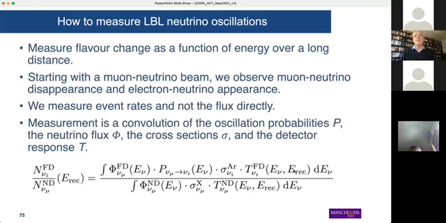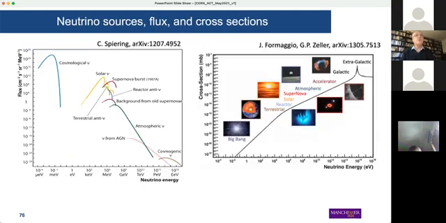It describes how your reconstructed energy and your true energy relate, and you have to do that in the far detector and the near detector. So it's a complicated story. I've shown something similar yesterday.